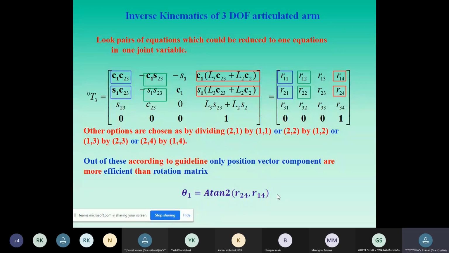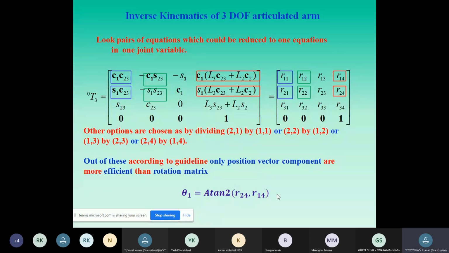Here we see that we can get the theta 1 equation from different equations. But we choose only those equations which give the position vector component, not the rotation component.